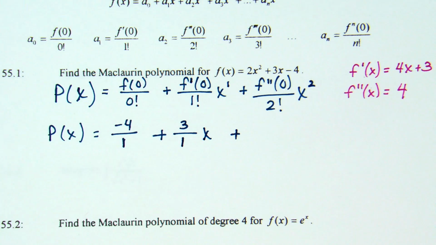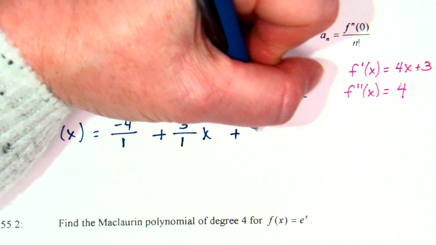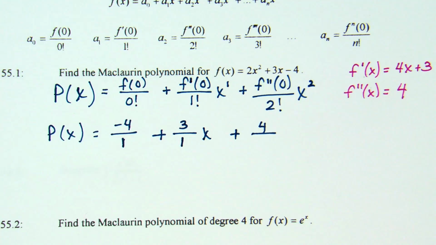Okay. Plus, now it's the second derivative at 0. What's my second derivative evaluated at 0? 4, over 2 factorial. What would 2 factorial be? 2, because 2 times 1 is 2, times x squared.